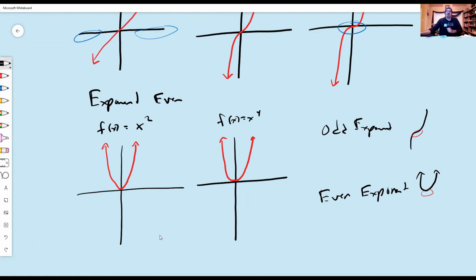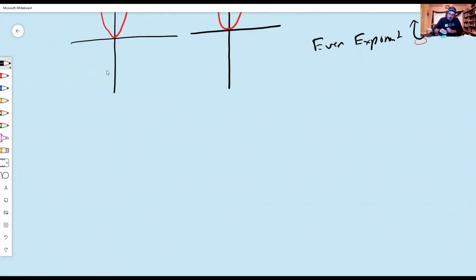We might look at graphing something like, I don't know, f of x equals 2 minus x cubed over 5.